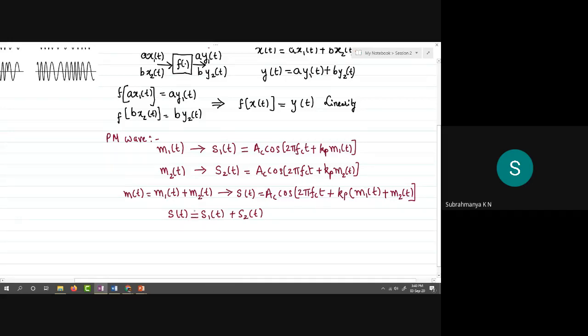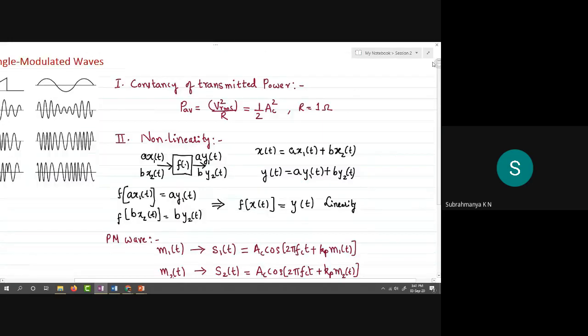So this is an instance to show that an angle modulated wave is non-linear. I hope that is clear. With just the mathematical way, we can say that the second property of the angle modulated wave is that the process is non-linear.